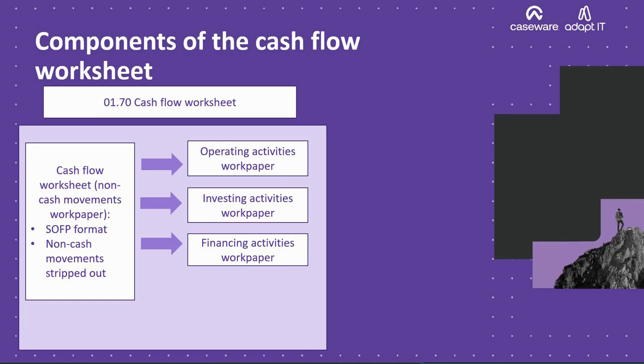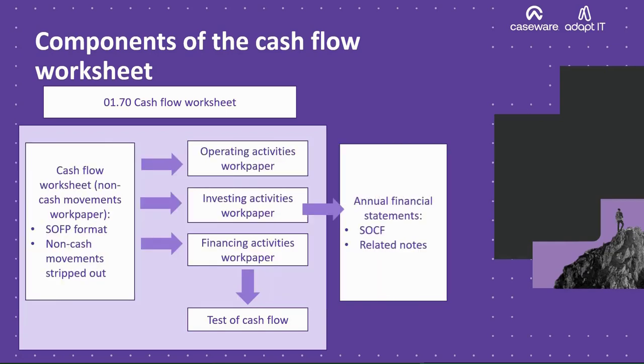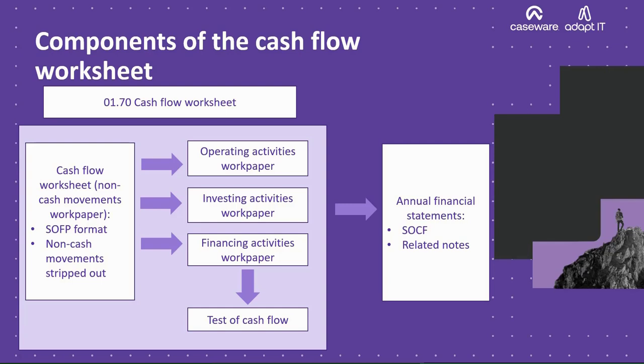This is then pulled into the investing activities workpaper, where it is correctly allocated between cash purchases of PPE and proceeds from disposal of PPE. The totals of operating, investing and financing activities workpapers are then compared in a test of cash flow to ensure that the statement of cash flows is in balance. The amounts allocated in the operating, financing and investing activities workpapers then pull through to the actual cash flow statement and notes in the financial statements. This is the only way to bring values onto the financial statements.